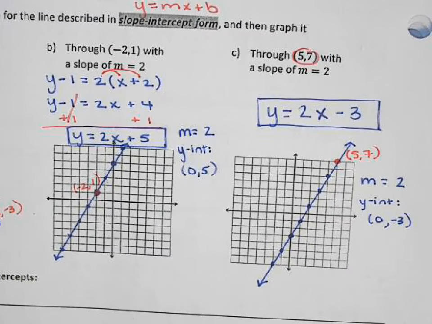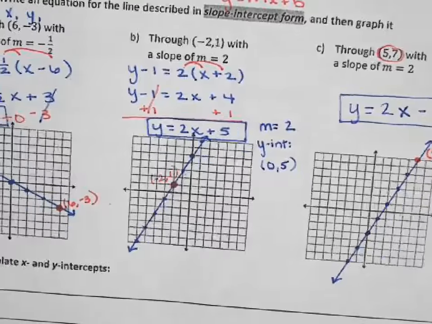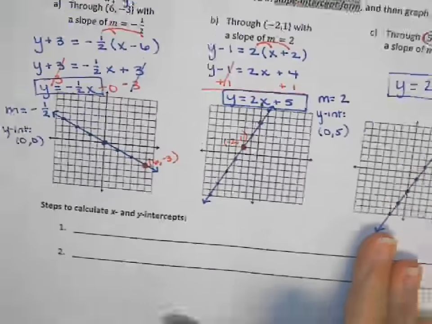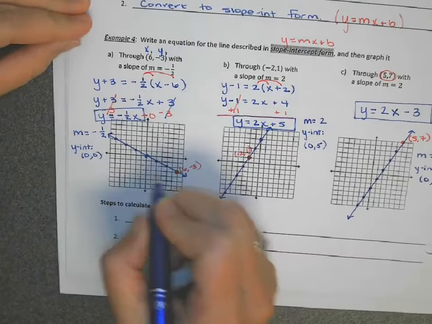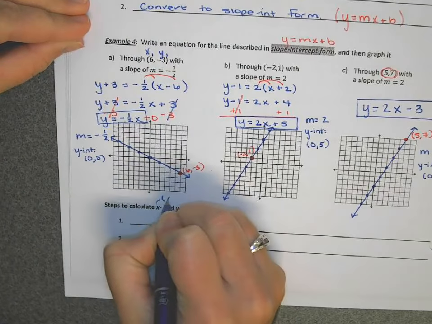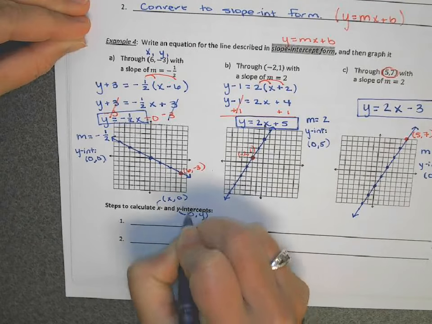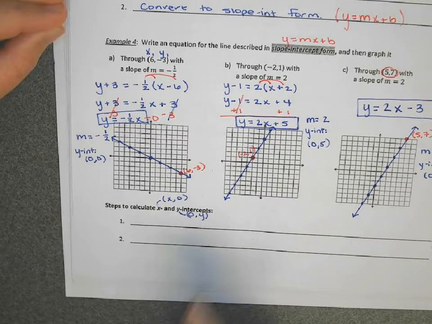Okay. All right, so calculate your x and y intercepts. Plug in the variable that you know as 0. An x-intercept is always x comma 0. Your y-intercept is always 0 comma y, meaning you always know one of your variables as 0.